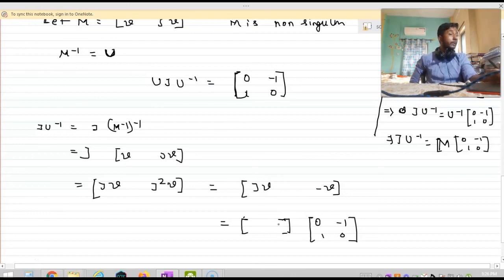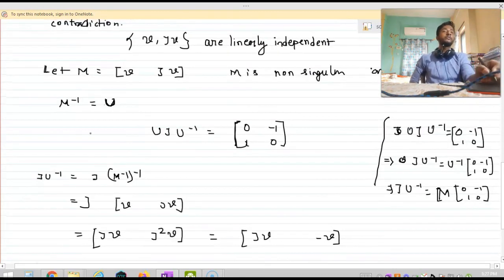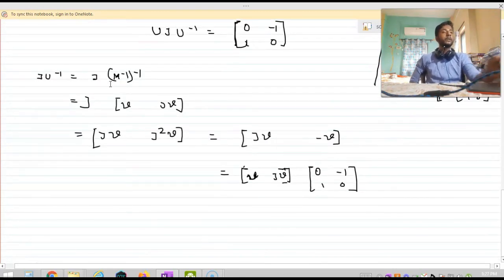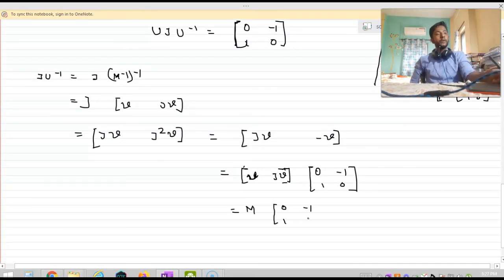The second column vector must be V, as if we multiply this row with this column, we get -V. So this is [V, JV]. Now what is the value of [V, JV]? We chose this as the matrix M. So we can write it as M into [0, -1; 1, 0].